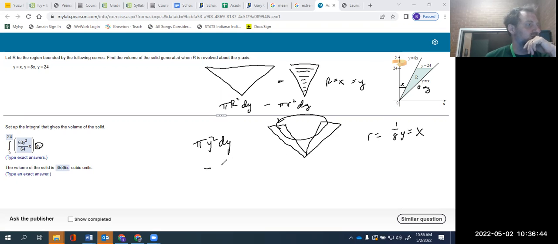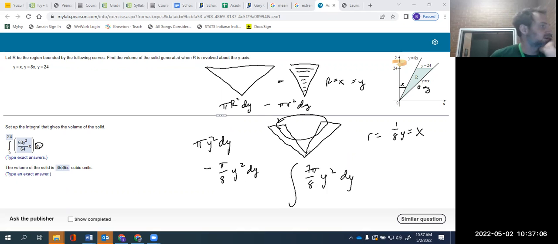So this is 1/8 y. So it's pi over 8 y squared dy. Well, in fact, then we really have 7/8 because that's the same thing, 7/8 y pi y squared dy.